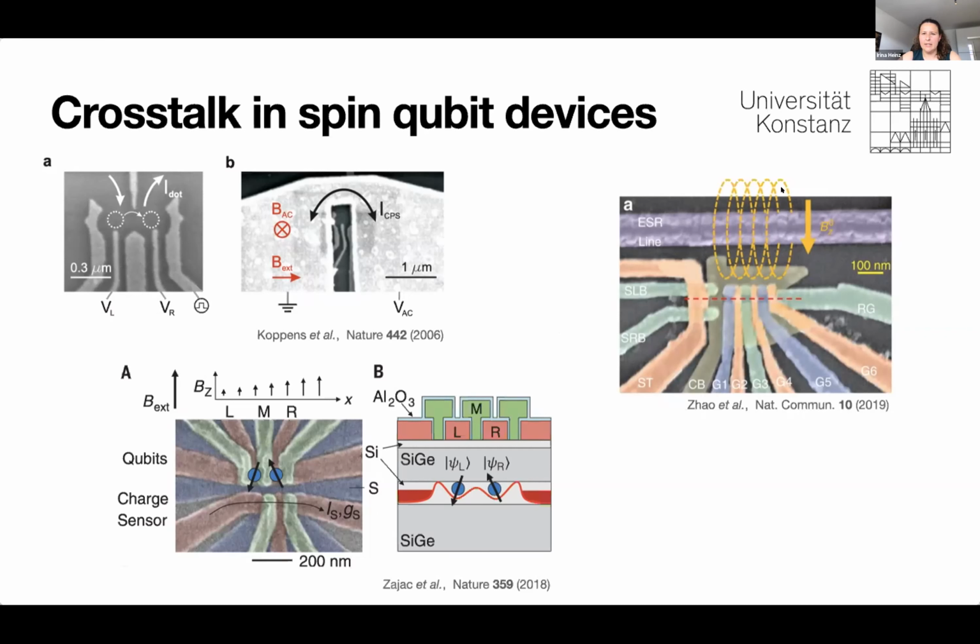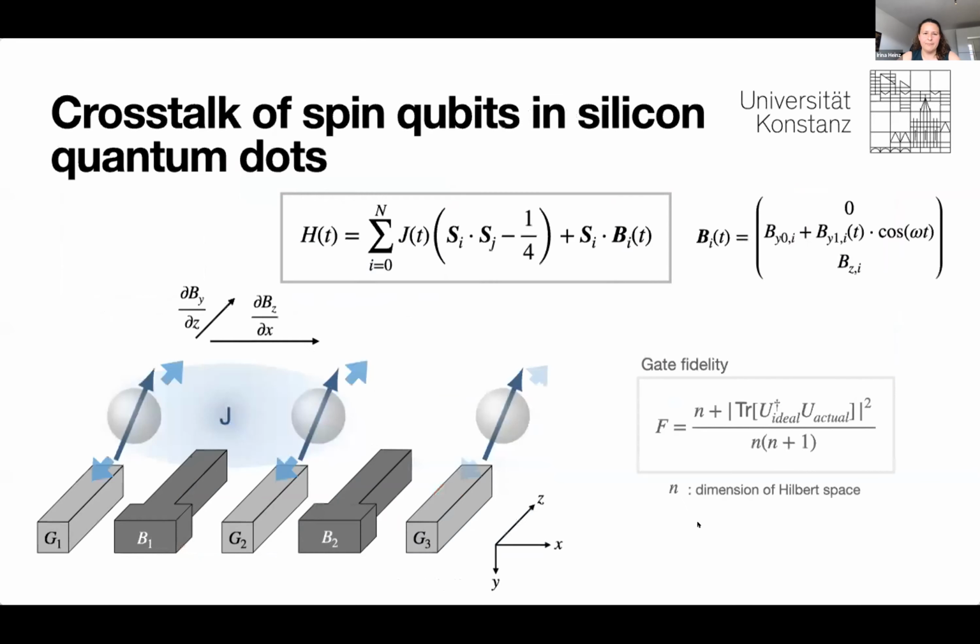As you can see here in this device on the right, where we have 4 quantum dots, so 4 electrons, we will always have an effect on each of these quantum dots, each of these qubits, and this means that we have to look at crosstalk effects.